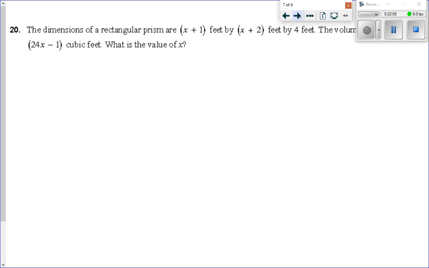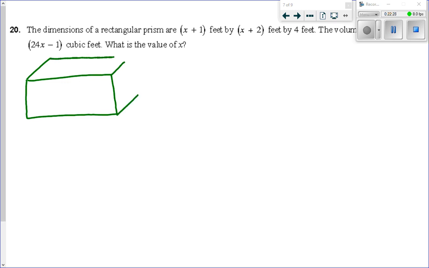And we are given the volume in another binomial, which is 24x minus 1 cubic feet. So, as Mr. Reyes told us, the first thing we're going to do is draw this prism, which, as I mentioned, I am the greatest artist you've ever seen, and that's completely to scale.